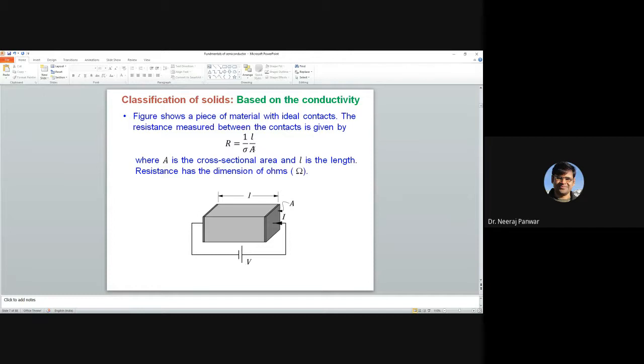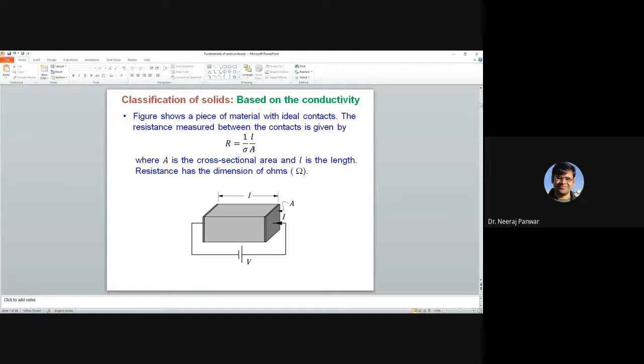In case of four probe, we have two separate probes for the measurement of voltage, and two outer probes are used to transport current inside the semiconductor.